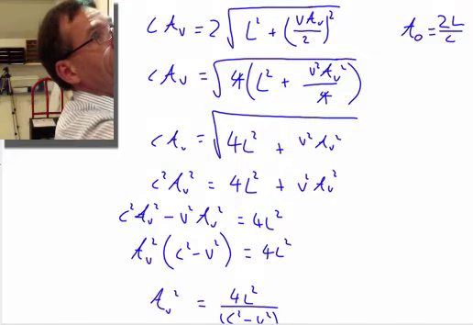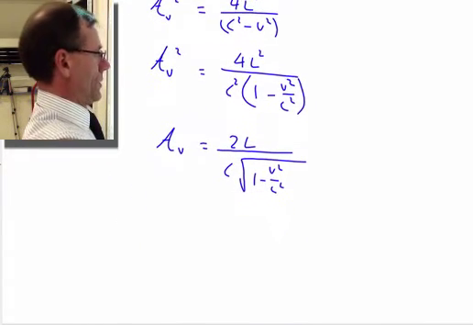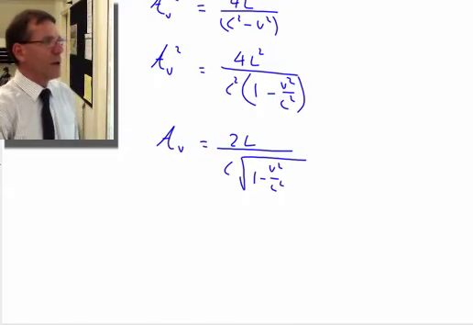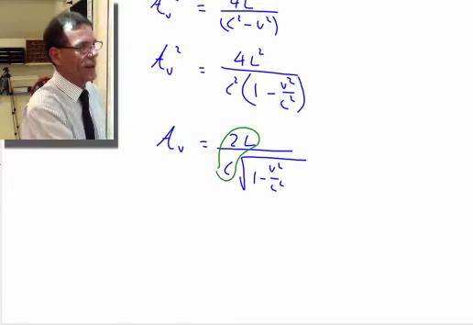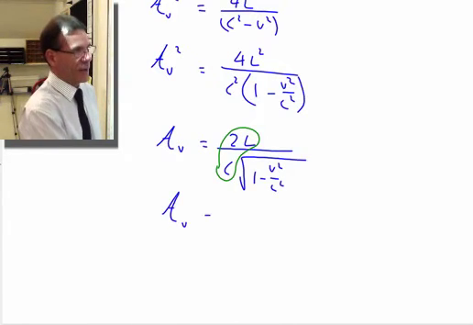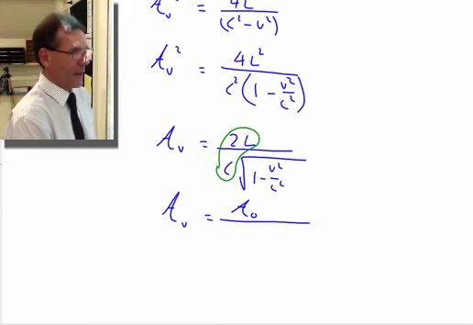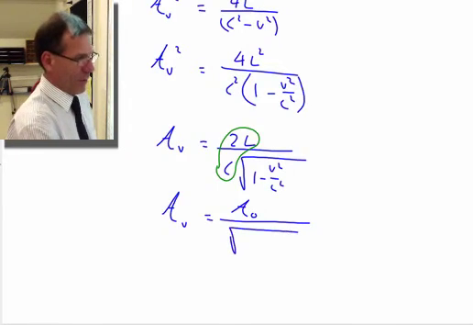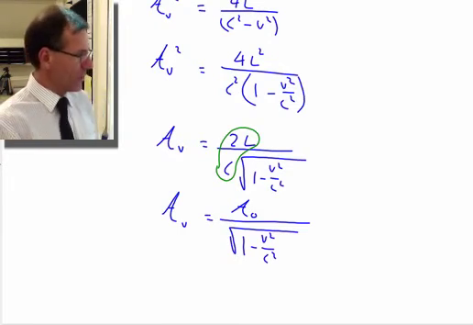So if we go back up to the top, T naught is 2L on C. So if I was to substitute in T naught, have a look. T naught is there. It's 2L on C. So that means that TV is going to simply be equal to T naught divided by the square root of 1 minus V squared on C squared. And there we've got our Lorentz transformation for the time.